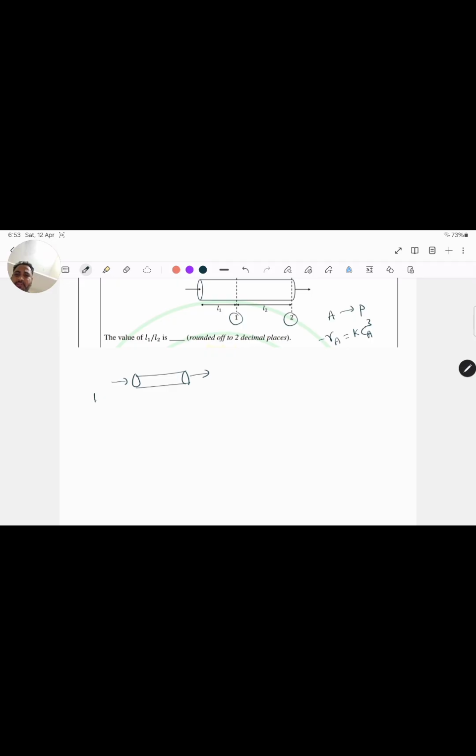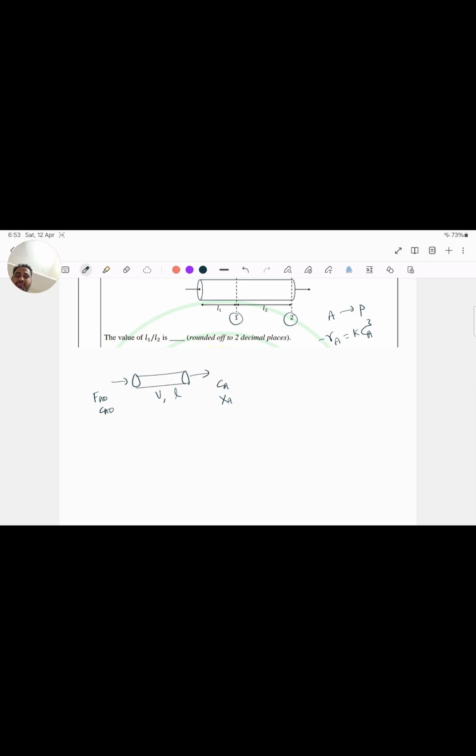The flow into the reactor is moving with a molar flow rate of Fa0, and initial concentration I am going to consider as Ca0, and the volume of the reactor is V, and length of the reactor is L. And the final concentration is Ca, and the final conversion of the reactant is XA.